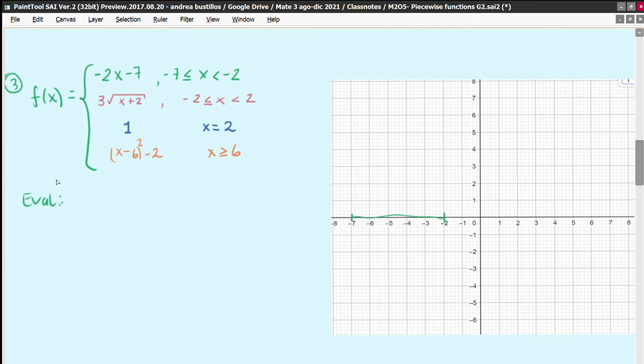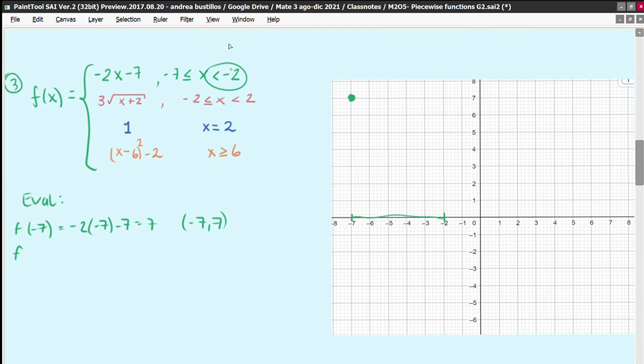So we're going to evaluate the function in its extremes. So f of -7 means evaluating the green piece in -7, and this is 7. So a coordinate point we're going to plot is -7, 7. Because -7 is included in the domain of this function, in this point we're going to have a filled hole.